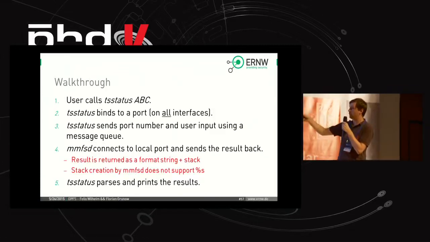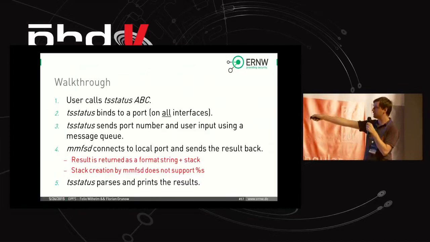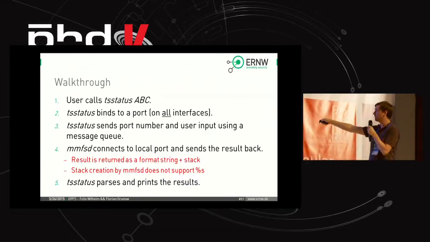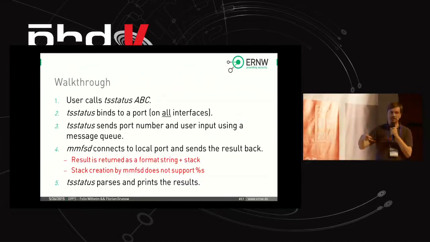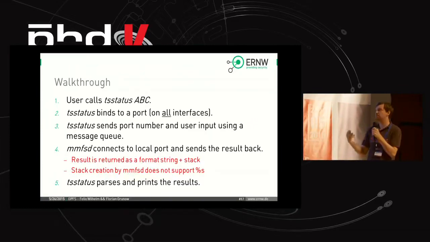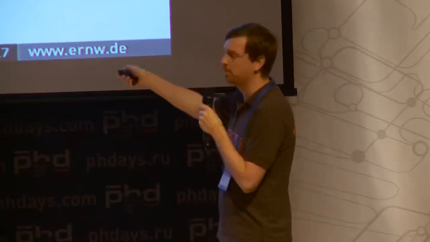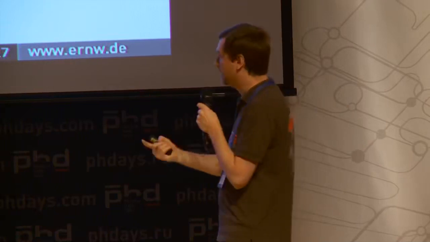So, going back to the walkthrough, if the file system daemon connects to the local port, it does not simply send the result, but it sends it formatted as a format string plus the corresponding stack.